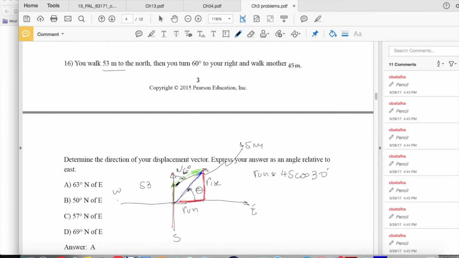So the angle it makes with the horizontal, this angle, is 30 degrees. And the rise is the whole thing over here, right? This rise is 53 plus 45 cosine of 60.